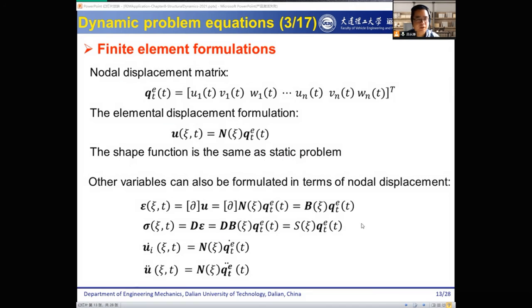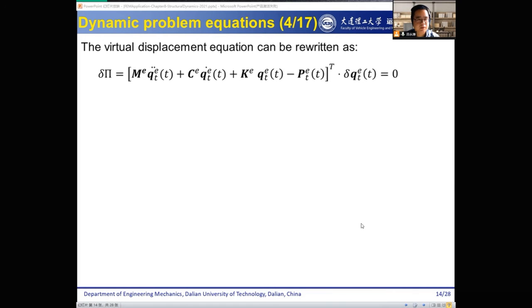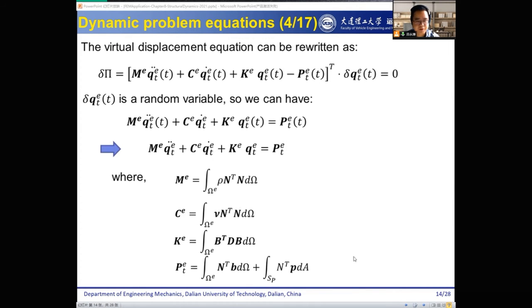And then next we use the virtual displacement. The virtual displacement equation can be rewritten in this form, and in the end we have the stiffness equation we want.